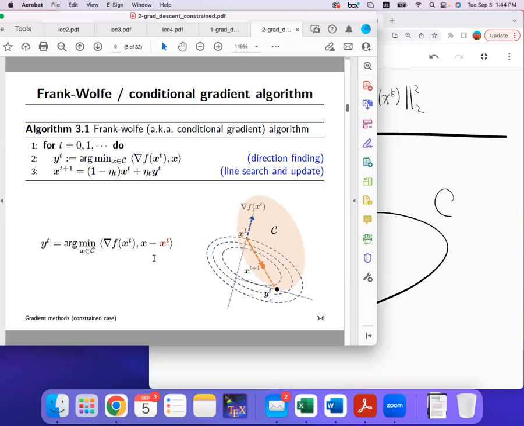So C constrains your search space. We are still following the gradient, which is like a reference direction. We want to search for a direction x so that this update is mostly negatively correlated with the gradient.